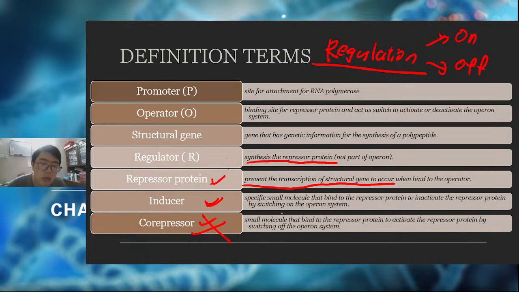This is another operon called the tryptophan operon. It is not in your syllabus, but in your Oxford book, maybe it is mentioned a little. But if you refer to the syllabus, you don't need to learn it. So the co-repressor you don't need to worry about or learn. You just need to learn the inducer only.